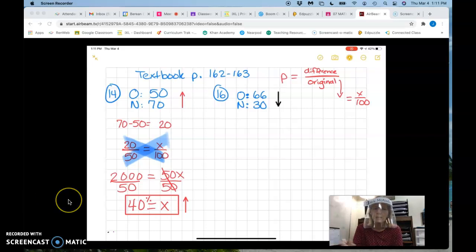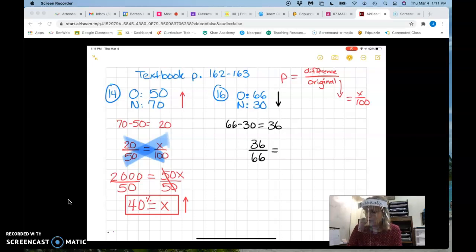Now, we're still going to do the same thing where we subtract the two amounts. Good. Put that over the original, which is 66, and make it equal to, what do we always make it equal to?